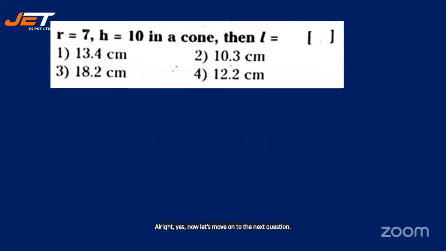If r is 7, h is 10, then what is the slant height? So we should know the formula as I told you in the last sum. L is equal to square root of r square plus h square.